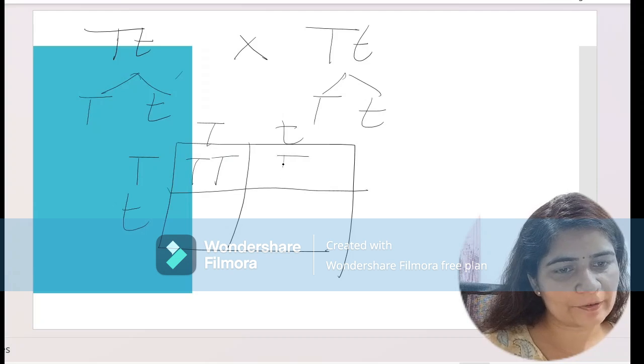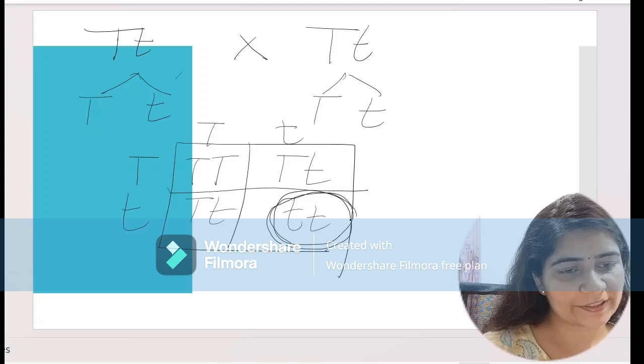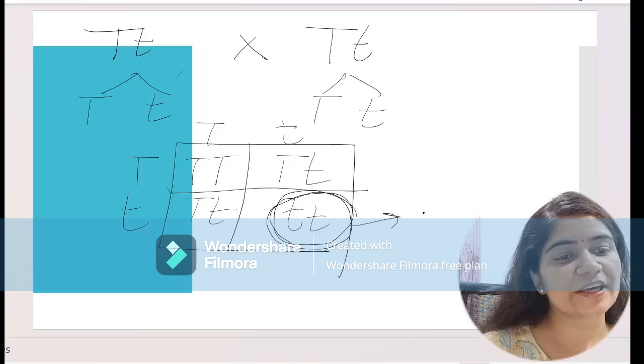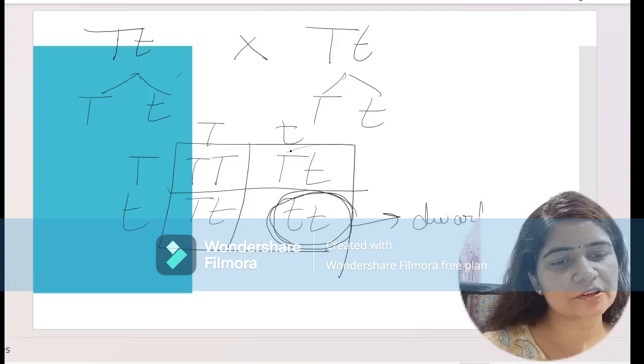When you fill these up, it becomes two capital T and small t, and a single small t small t. So this small t small t is homozygous dwarf. Capital T capital T will be homozygous tall. Very good. And we have two heterozygotes, that is two heterozygous conditions, capital T and small t.